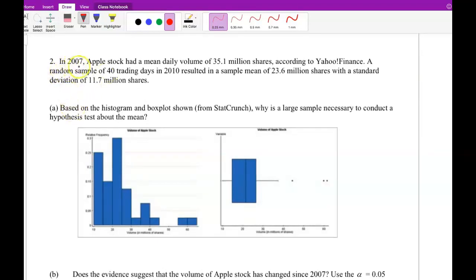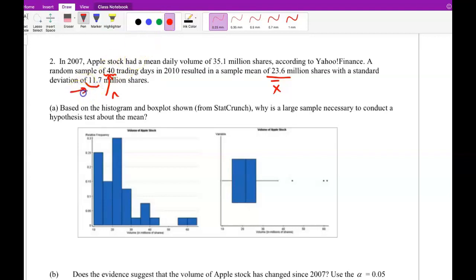Okay, now number 2. In 2007, Apple stock had a mean daily volume of 35.1 million shares, according to Yahoo Finance. A random sample, so our sample is 40 trading days in 2010, so this is n, resulted in a sample mean of 23.6 with a standard deviation of 11.7 million shares.